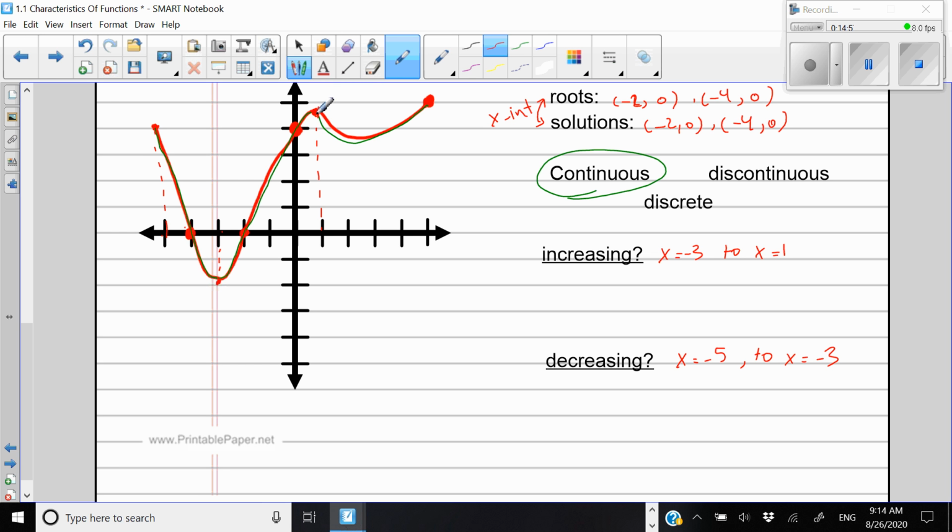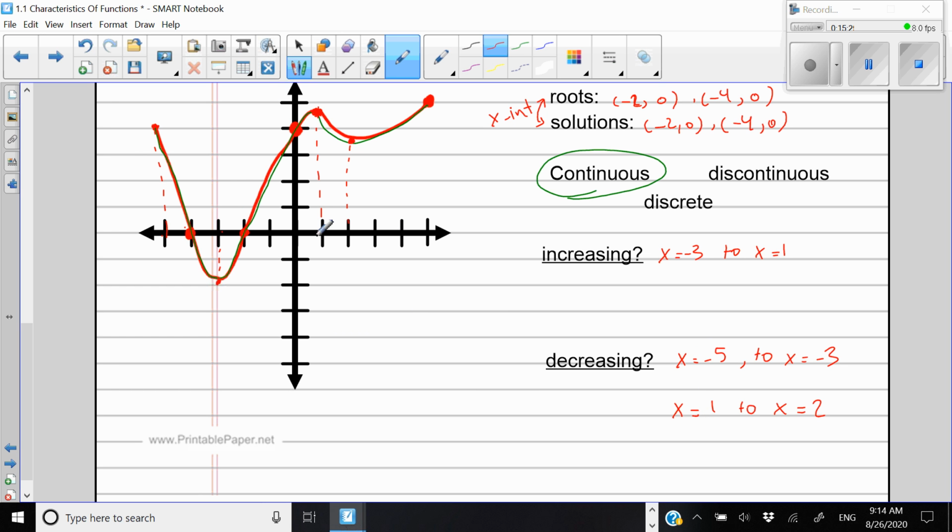Again, it's going to go down from here because it changed direction. My graph is not very accurate, but at this one it's going to go down. So from x equal to 1 to x equal to 2, it's decreasing. Notice that I only write the x values here.